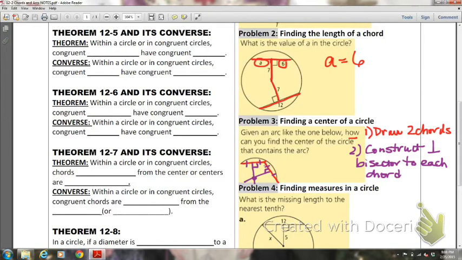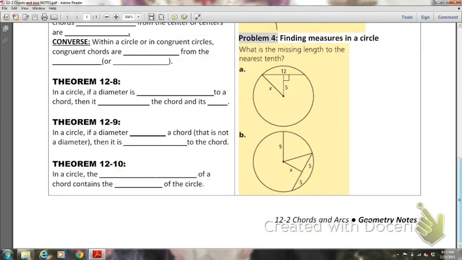Let's look at the last problem. In the last problem, you're supposed to find the missing lengths to the nearest tenth. So look at the information they give you in the circle. They give you a segment that goes through the center of the circle, so that segment is a piece of the diameter of the circle, and the diameter is perpendicular to this chord that's length 12.